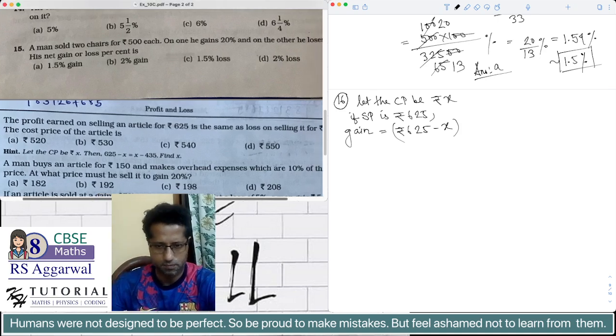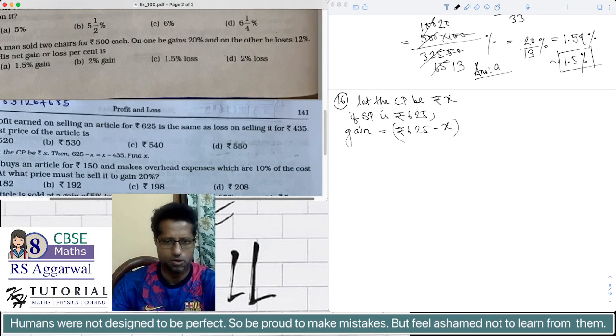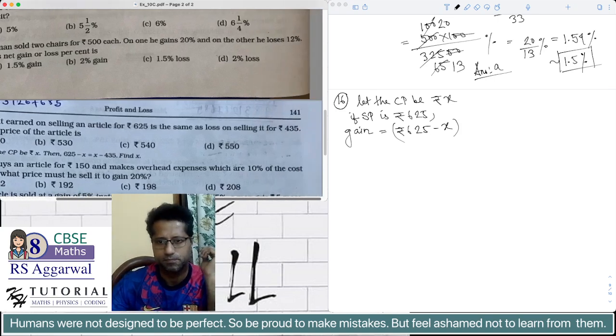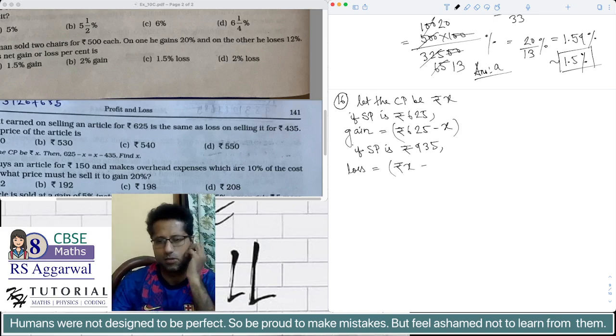Now the problem is saying that this gain is equal to the loss if the article is sold for rupees 435. So if SP is rupees 435, the loss will be rupees X minus rupees 435, because we know that when there is a loss, the cost price is greater.